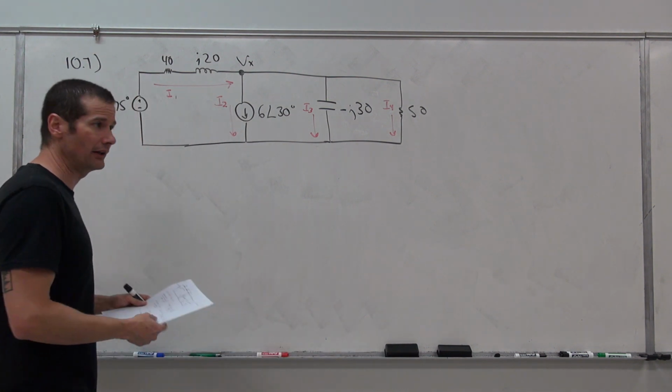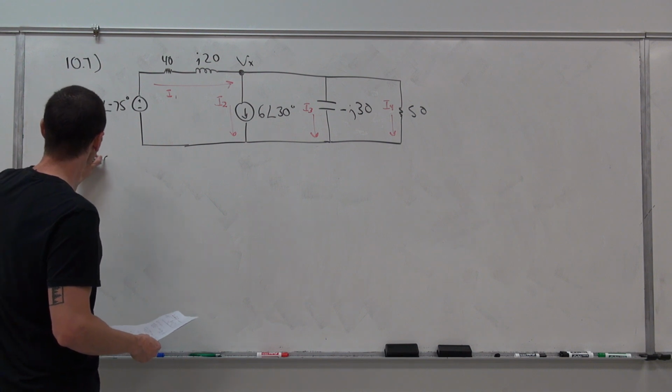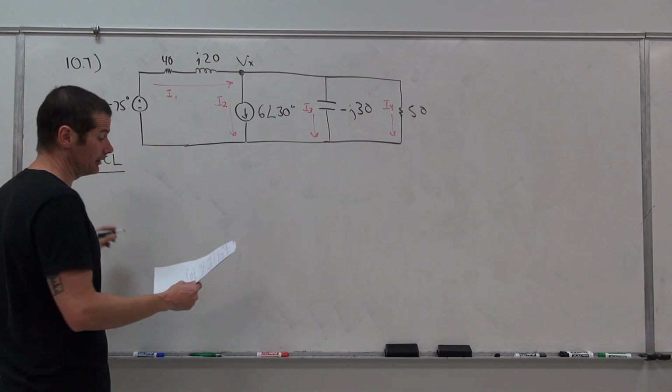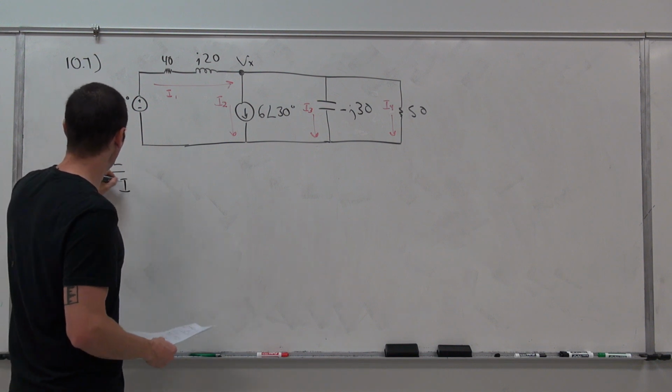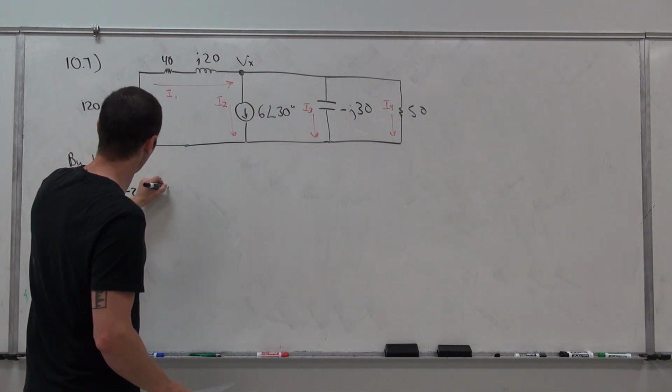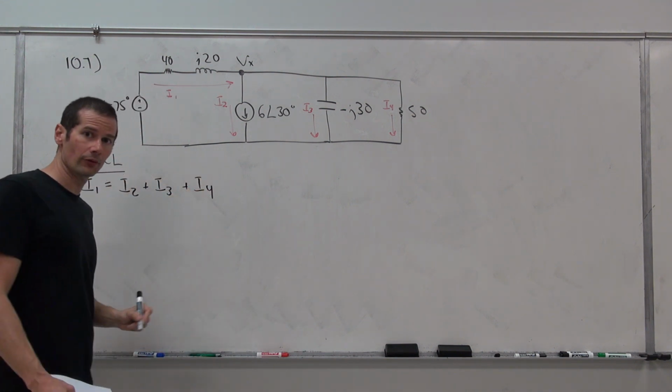So by KCL, I1 is equal to I2 plus I3, and then plus I4.